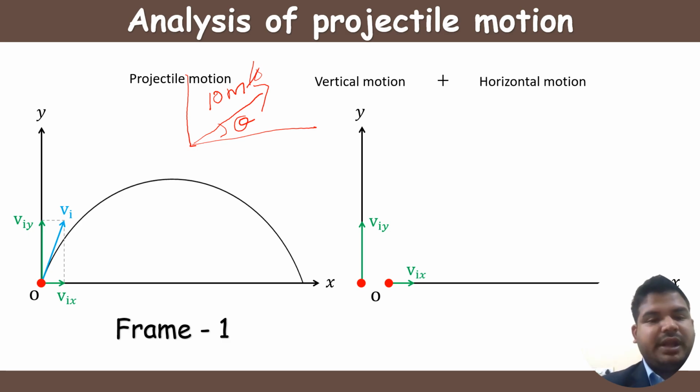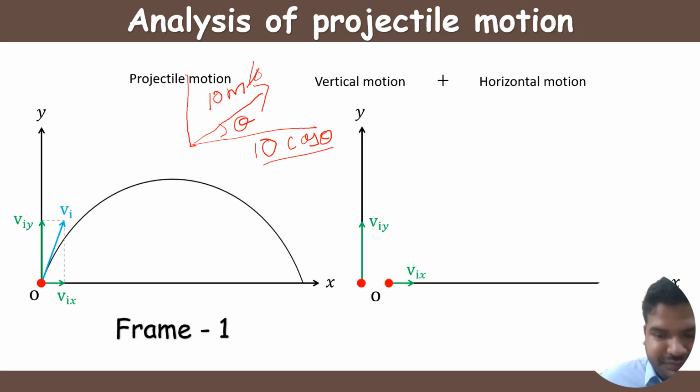Then its horizontal component will be 10 cos theta, and the vertical component should be 10 sin theta.